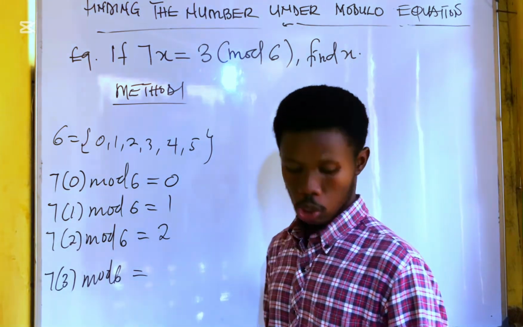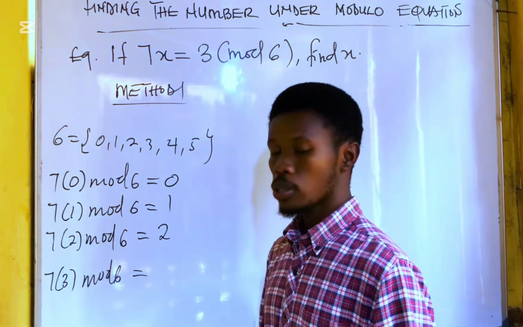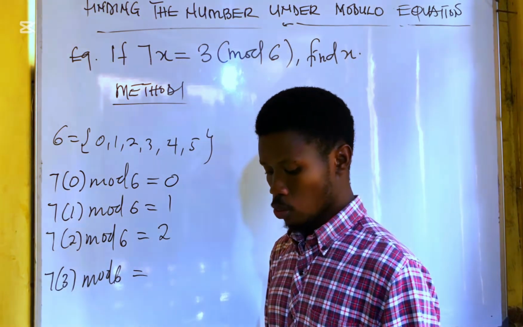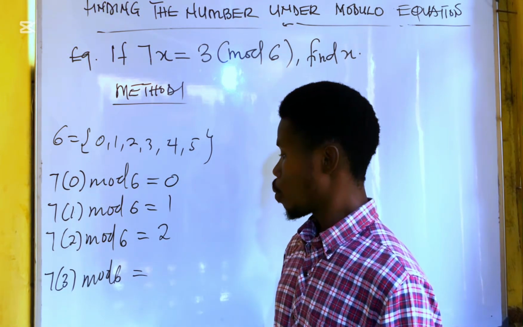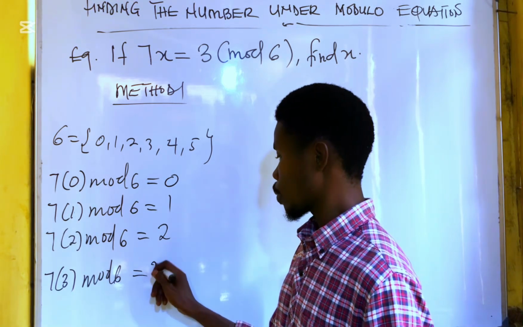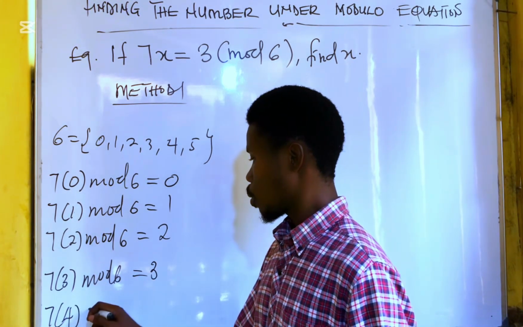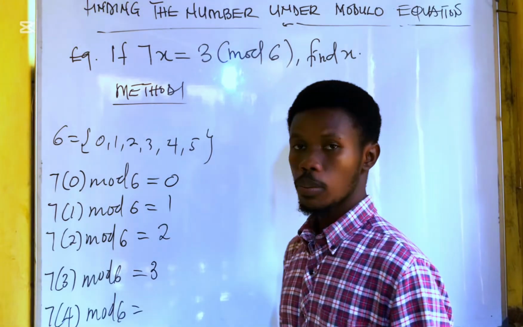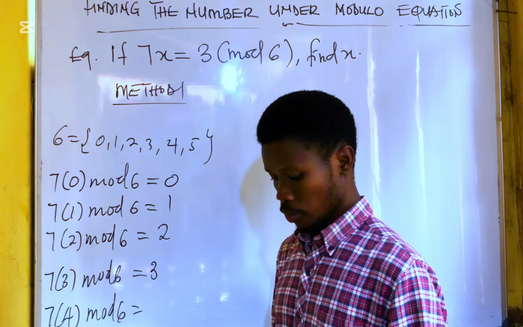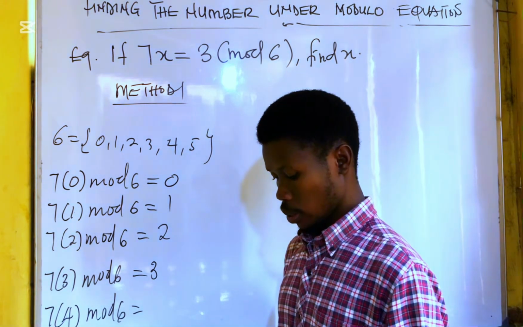7 times 3 is 21. So 21 mod 6 will be 3. Then 7 multiplied by 4 mod 6.